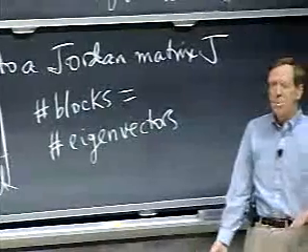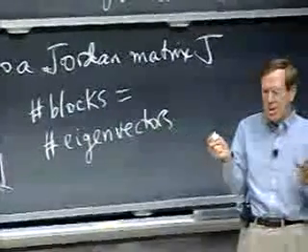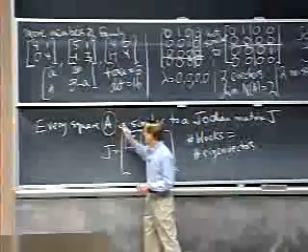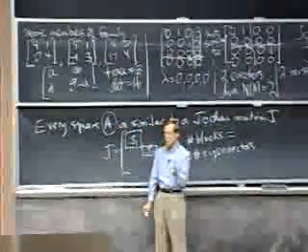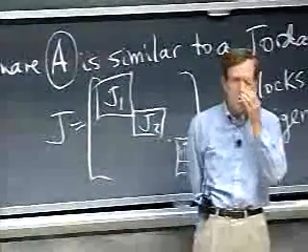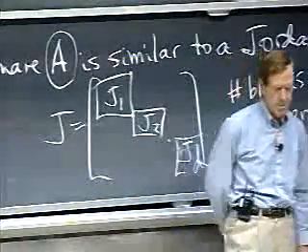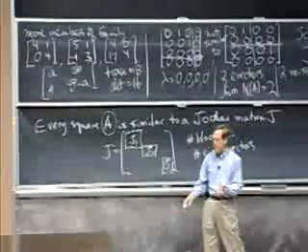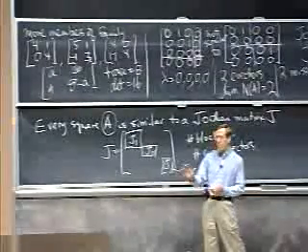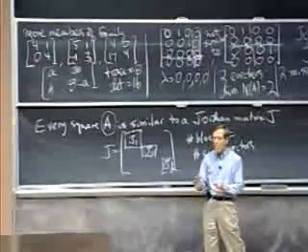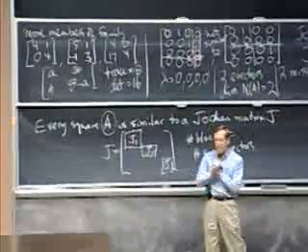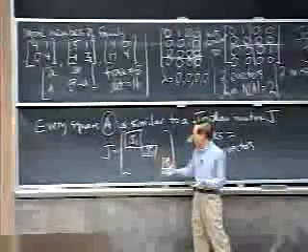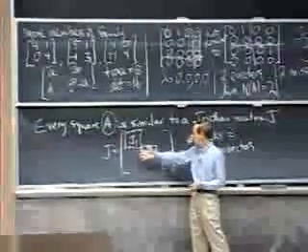So if I summarize Jordan's idea, start with any A. If its eigenvalues are distinct, then what's it similar to? This is the good case. If I start with a matrix A and it has n different eigenvalues, none of them repeated, then that's a diagonalizable matrix. The Jordan matrix is diagonal.